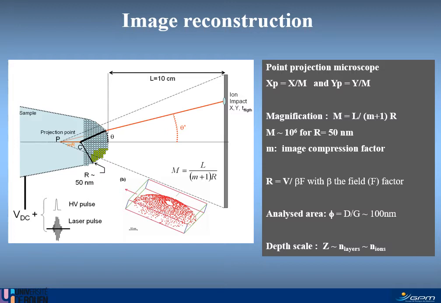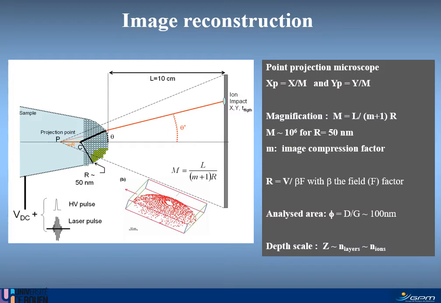So if you calculate the magnification, you will find something like 10 to the 6. If you take for L 10 centimeters and R is equal to, let's say, 50 nanometers, we find a magnification of 1,000,000.